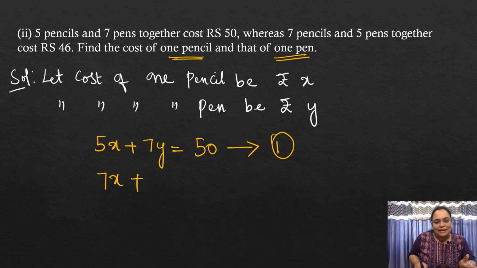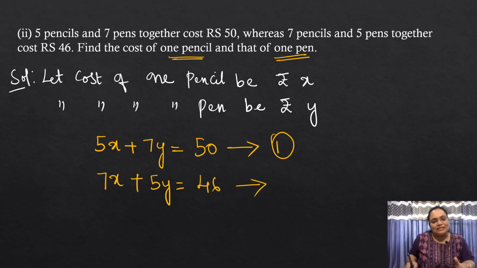So 7x plus 5y, since 7 pencils and 5 pens together cost rupees 46, is equal to rupees 46. So this is our equation number 2. We have formed a pair of linear equations in 2 variables. Now let us find their solutions graphically.